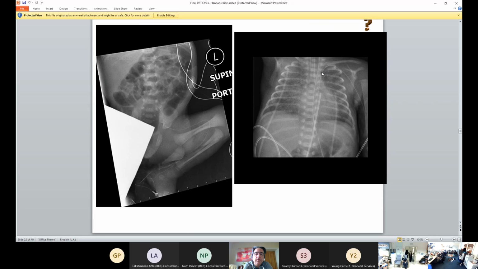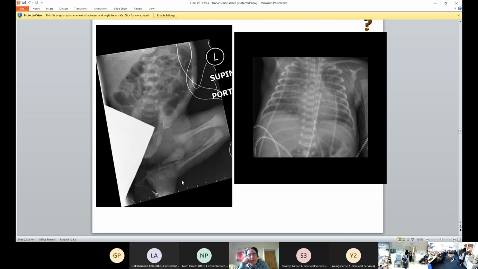It went down straight, just left to the midline, and fortunately, here we knew that this is an arterial line rather than a long line, because this baby already had a UEC. So the long line came from up and went down parallel to the UEC in the same descending aorta. So we had two lines in the descending aorta now.